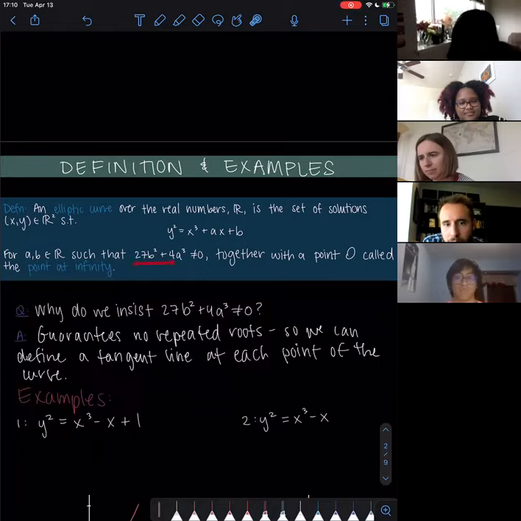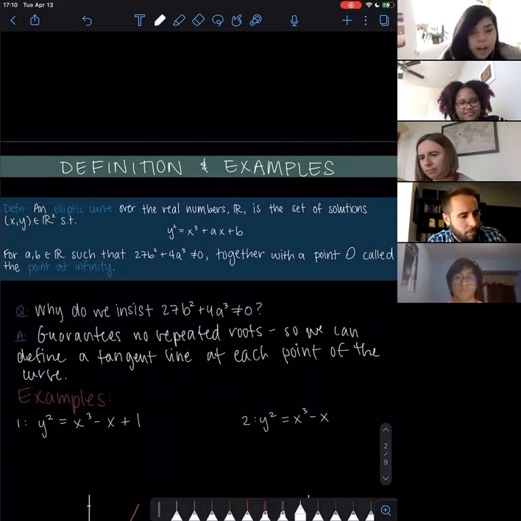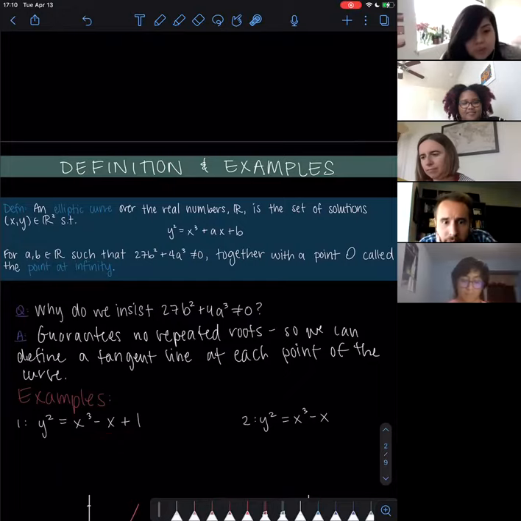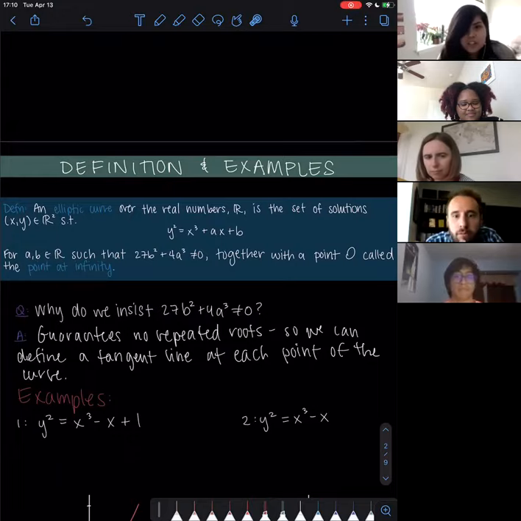Again, we can verify that 27b squared plus 4a cubed does not equal 0. In the first case, it's kind of hard to factor the right-hand side because we have two complex roots and then one real root that's not an integer or a really nice number. So I'm just going to leave it as is.